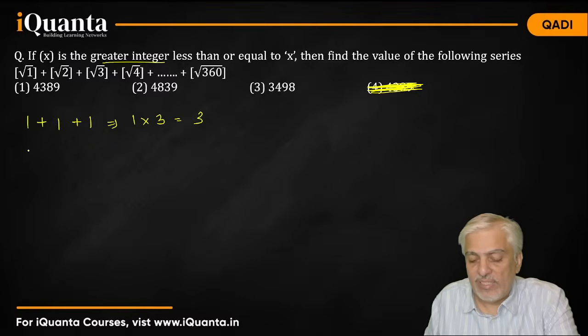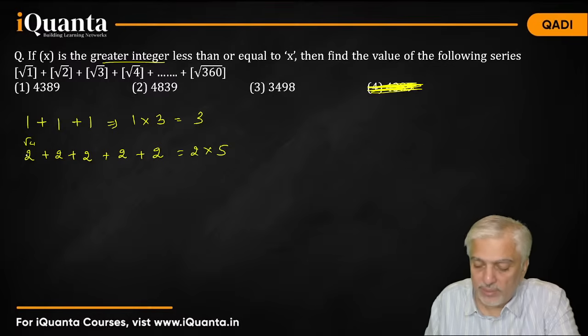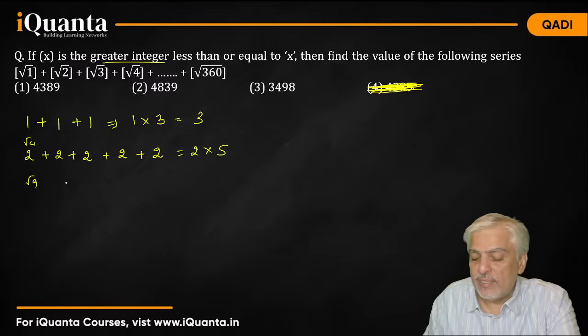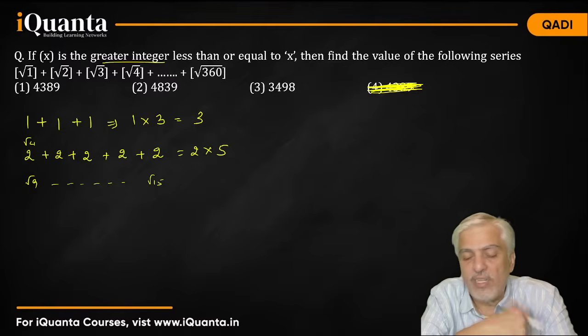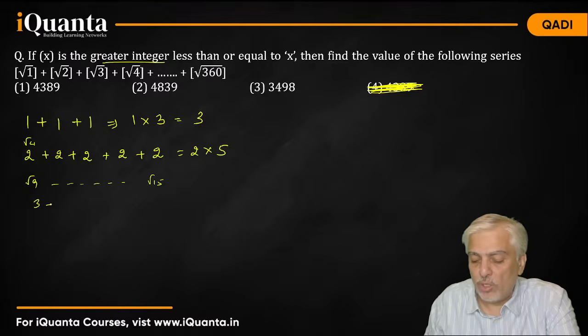Then root 4's answer will come 2. Root 5's answer will come 2. Root 6 will come 2. Root 7 will also come 2. Root 8 will also come 2. So 2 will come 5 times. Then root 9. See, here it starts from root 4. The next one will start from root 9. From root 9 till root 15, pay attention, all of them will come 3.